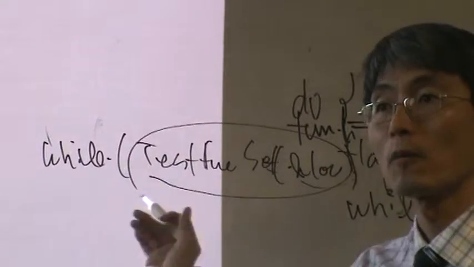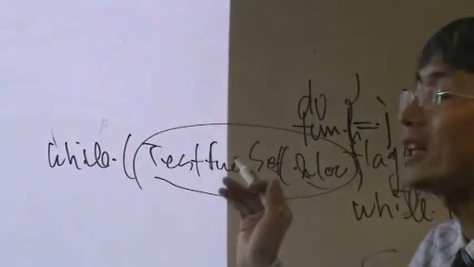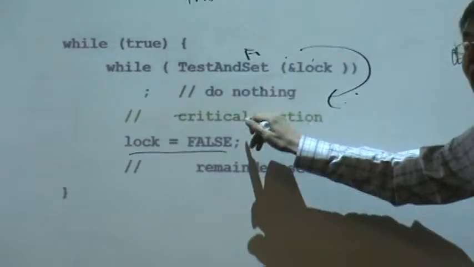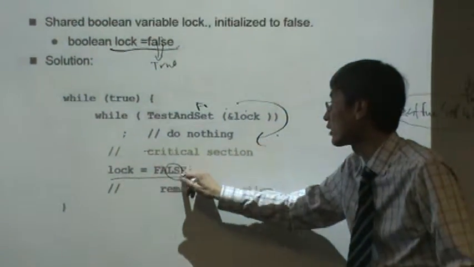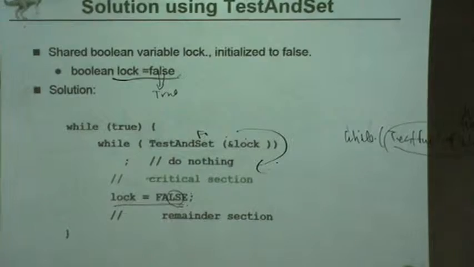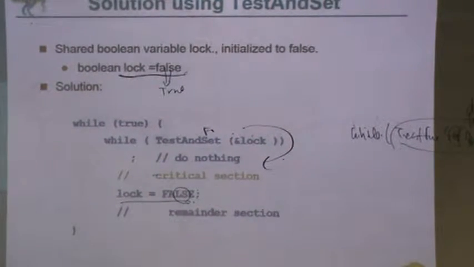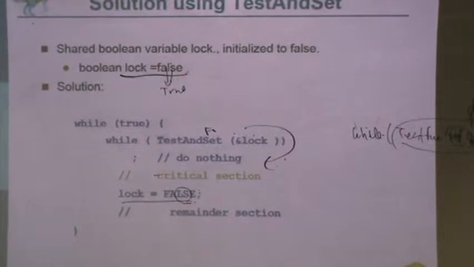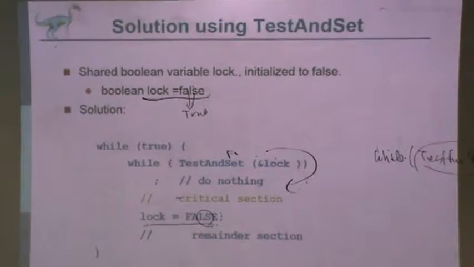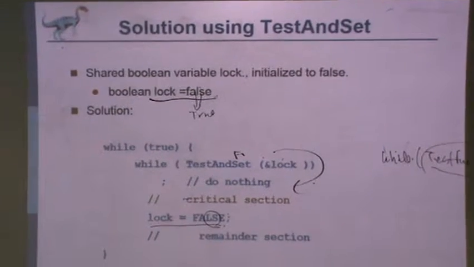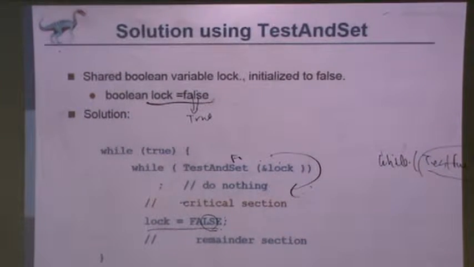It's true, so it keeps waiting. Until when? Until the current process leaves the critical section and changes the value, and then gets the lock. So this is another solution for the synchronization problem using a hardware-layer instruction.